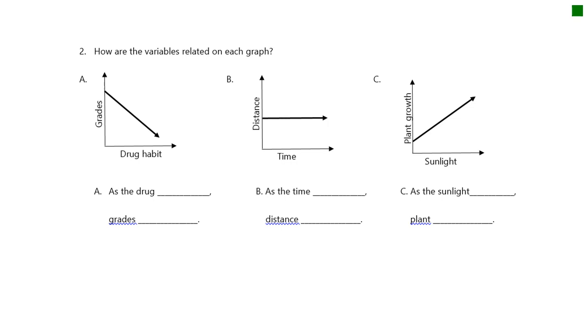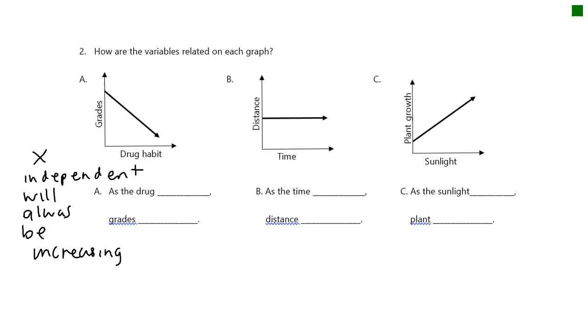Remember, I explained to you in target 3, I believe, that the x, which is your independent variable, will always be increasing, unless the graph starts the opposite way, but so far all my graphs start the same way, and I know x is always going to be increasing.